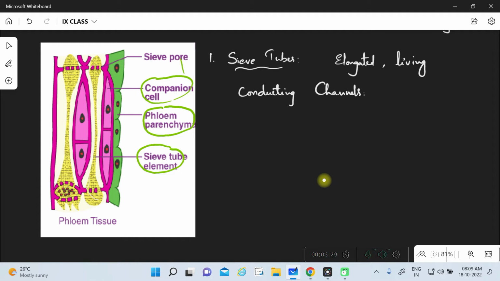Now let us look into the sieve tube. The sieve tube is in general formed from the union of many small cells called sieve tube cells. Means the sieve tube is formed from the involvement of a large number of thin walled sieve tube cells.